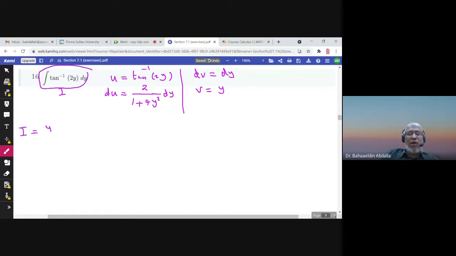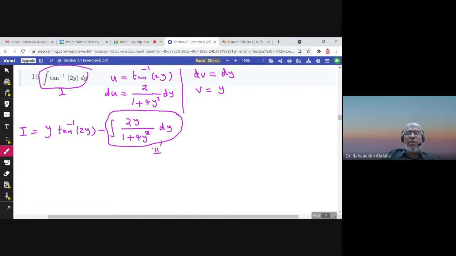So it's y times tan inverse of 2y minus integral v du. So when I multiply y by this, I have 2y over 1 plus 4y squared dy. And let me call this integral double I and evaluate it here to the right.